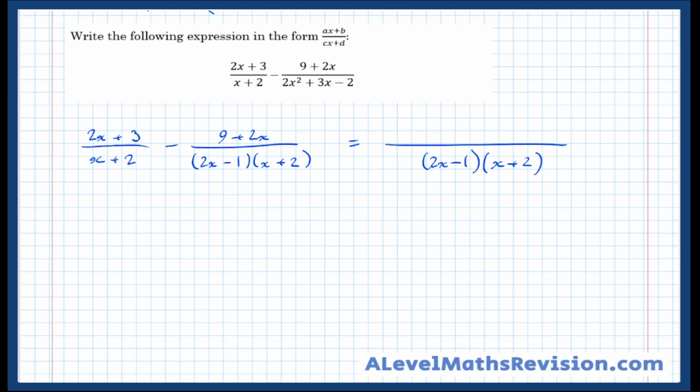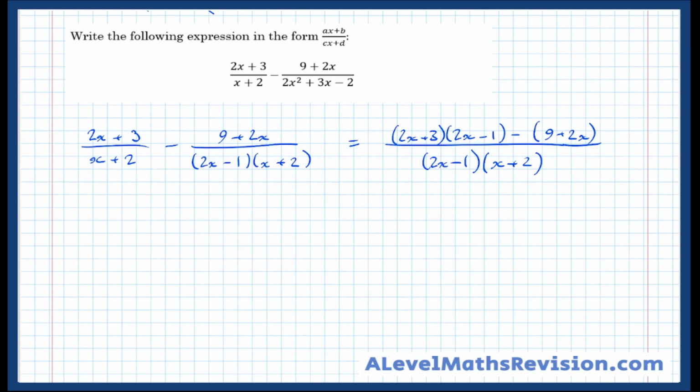So we've got 2x plus 3, and to give that the common denominator of 2x minus 1, we need times by that. Then there's a minus 9 plus 2x. And remember, because we're taking away the whole of the fraction, this needs brackets. The minus applies to the whole expression.